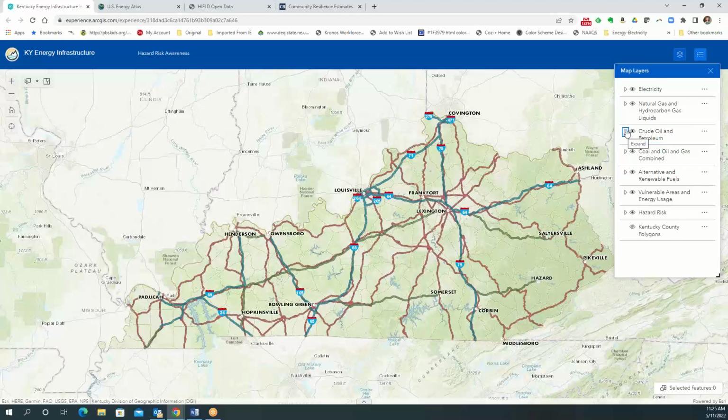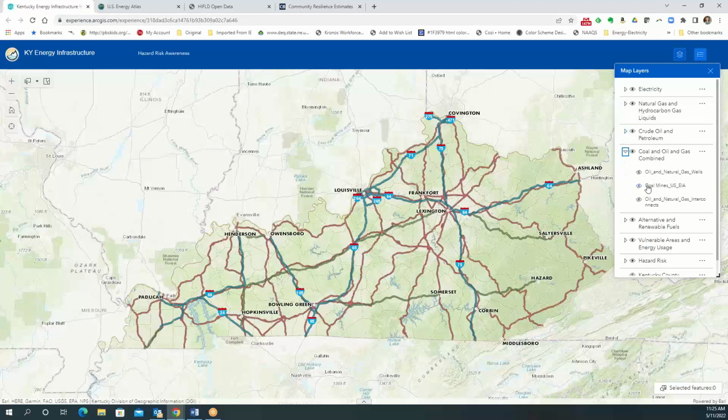And you can click the little triangle to expand the layers as well. Coal and oil and gas combined, our coal mines, as well as our oil and natural gas interconnects and our oil and natural gas wells.